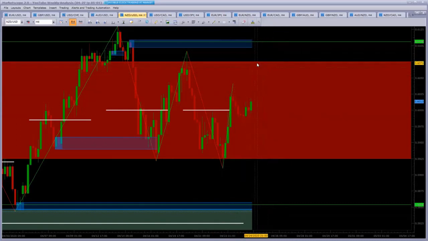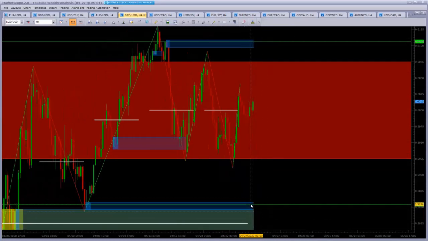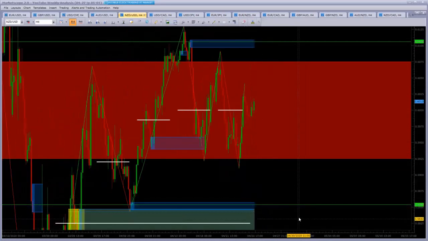Or even your 60.75 looks like a really good level where we could get it from this area and start shooting it down.